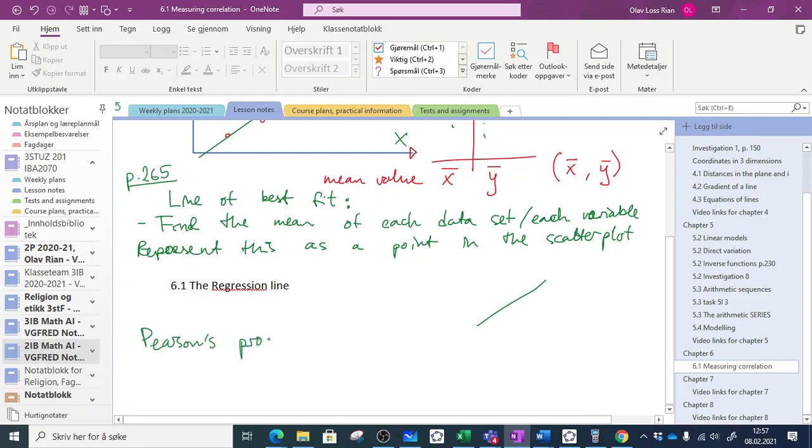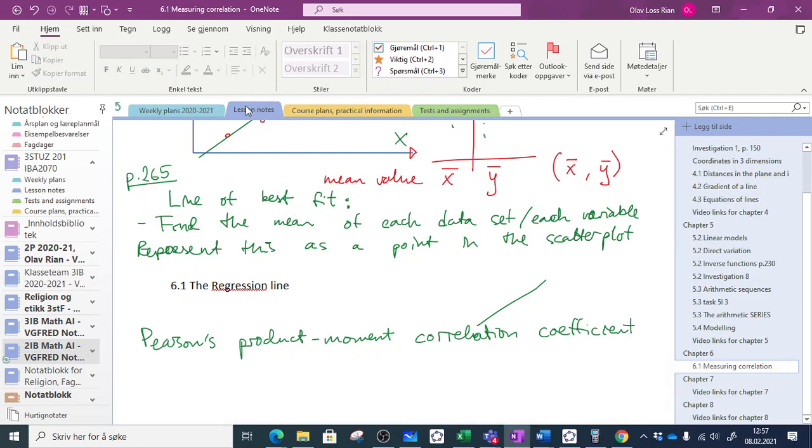Pearson's product moment correlation coefficient. It's a very long name, so we're going to call it R instead.